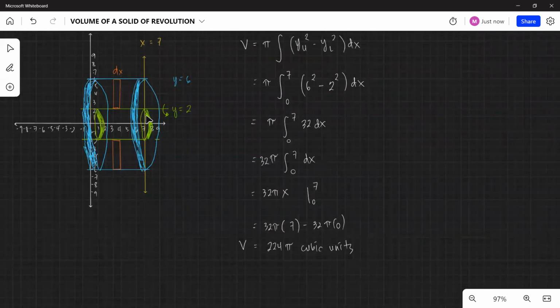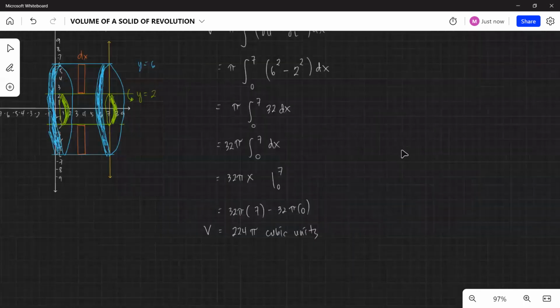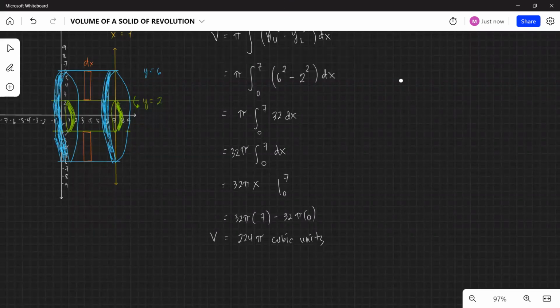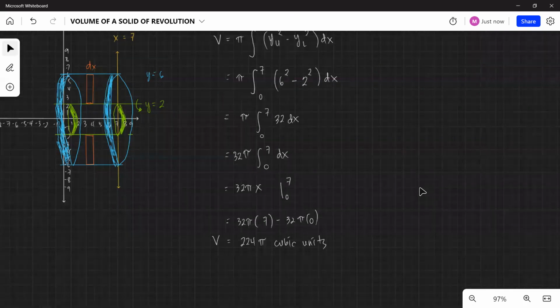For the smaller cylinder, its radius is 2, so you square it, pi r squared times the thickness. Once you integrate, the height appears, which is the x here, specifically 7. So that's how you use the washer method or circular ring method.